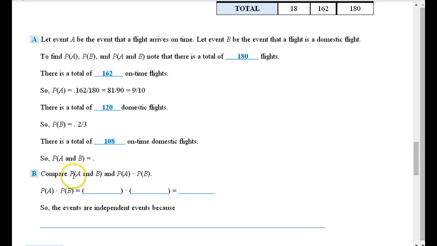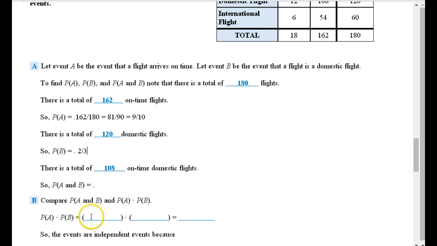Now the probability of A and B is the probability of A times the probability of B. The probability of A we said was 9 out of 10, and the probability of B was 2 out of 3. When we multiply these, we get 18 over 30, which I can reduce to 6 over 10, which is equal to 3 out of 5.